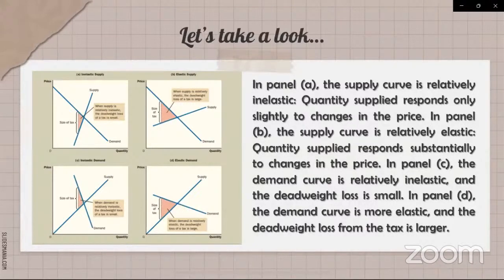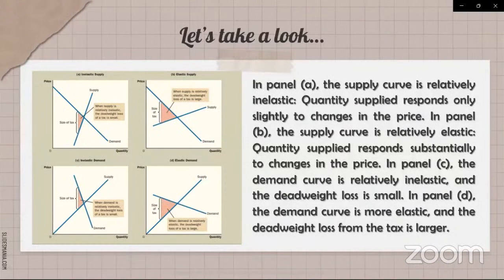In panels A and B, the demand curve and the size of the tax are the same, but the price elasticity of supply is different. Notice that the more elastic the supply curve, the larger the deadweight loss of the tax.